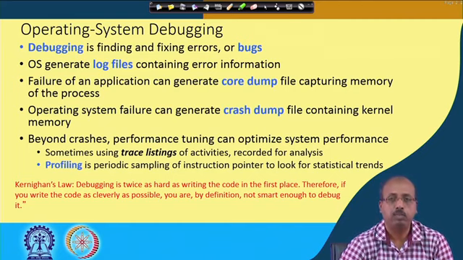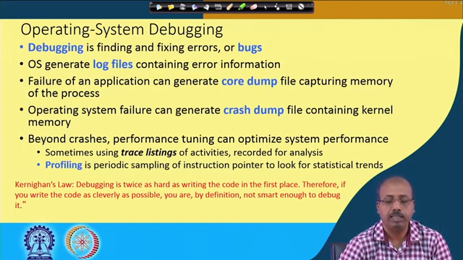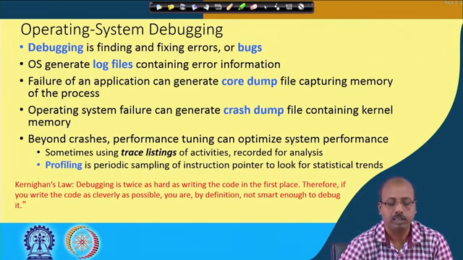That is difficult to understand unless we know the actual trace, which is available in the core dump file. So, this core dump is often produced. Operating system failure can generate a crash dump file containing kernel memory. Many times the system comes across unexpected errors which it cannot handle.